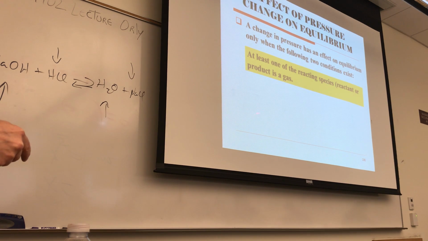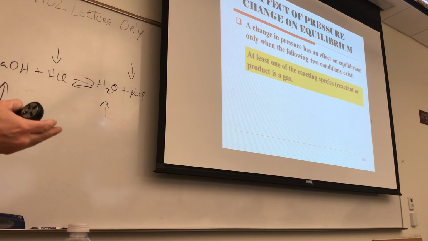If you have that, you must have a gas on one side or the other. If you're looking at pressure, you're dealing with gases. So you must have a gas, at least one, on one side of the equilibrium. That's what this is telling you, if you care about pressure as a potential adjustment in an equilibrium.